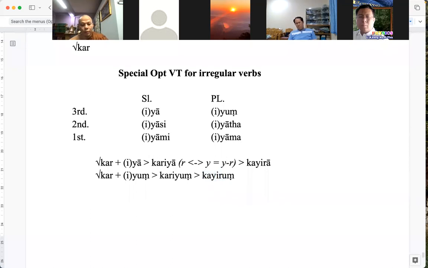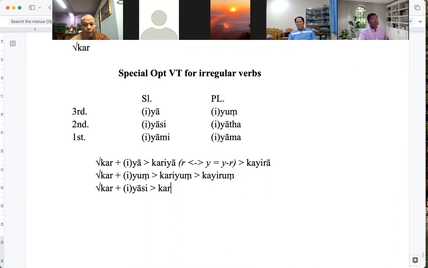So the same way, root kar, so we have firstly kariyasi, and then changing consonant ra ya to ya ra.